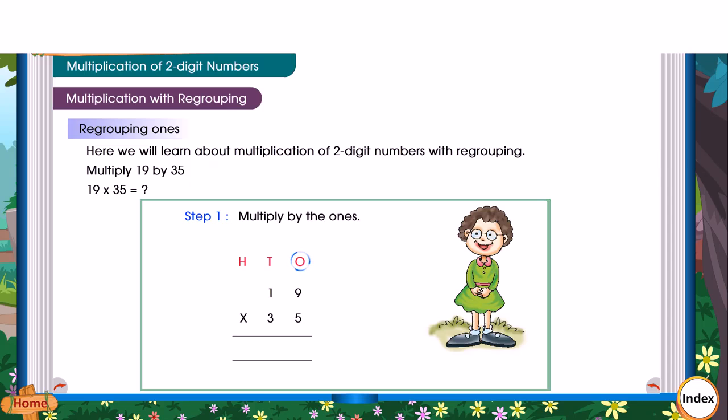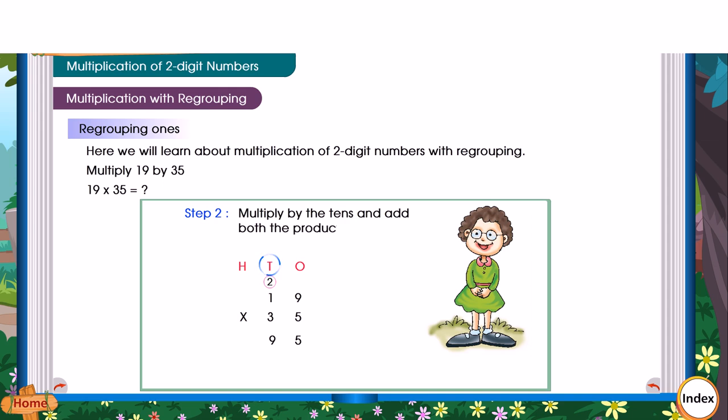Multiply by the ones. 19 into 5 is equal to 95. Step 2. Multiply by the tens and add both the products. 19 into 3 tens is equal to 570. Answer: the product of 19 and 35 is 665.